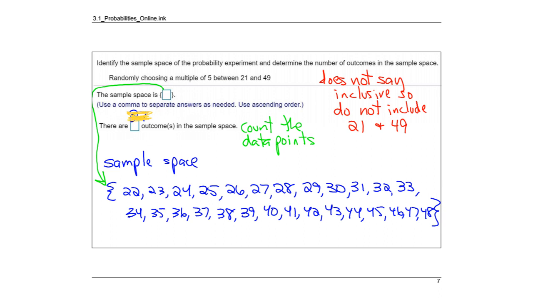We want only multiples of 5. So I already listed all the numbers between 21 and 49, not including 21 and 49. Let's go ahead and grab the multiples of 5 here. Looks like there's 1, 2, 3, 4, 5, right? So there are 5 outcomes in the sample space, excuse me.